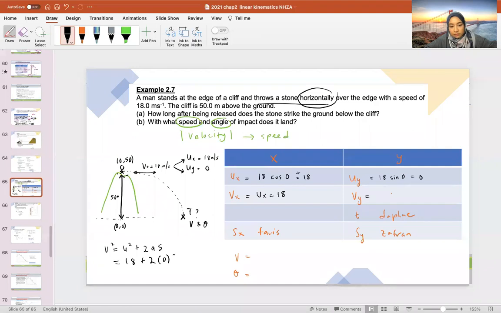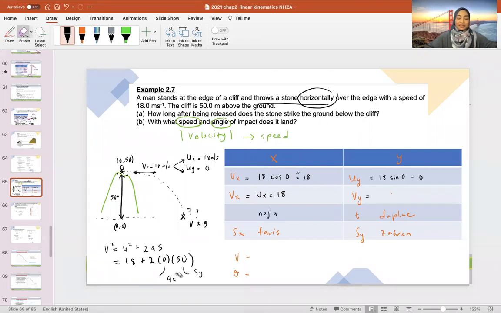That's equal to 50. Okay, so 50 ni, is it referring to the X or the Y? Is it SX or SY? It's Y. Okay, so the 0 ni, yang ni Y. Yang ni 0 ni? X equal to 0 kan? So equation ni betul ke salah? Salah. Salah, okay. I'm gonna give you a few more minutes nanti awak buat balik.